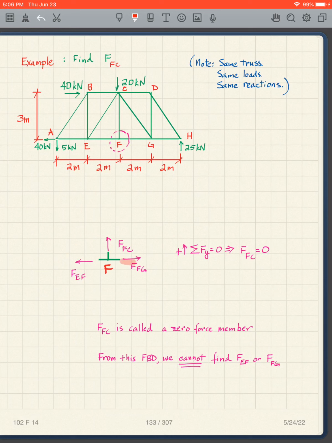I have FFG going in that direction, FEF going in that direction, FFC going in that direction. And what do I see? Well, if I take the sum of the forces in the y direction, there's only one thing going in the y direction. That means it's 0. So FFC is called a zero force member.